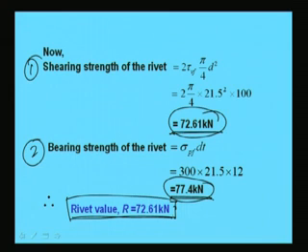Okay. So, in this way we can calculate the rivet value for a particular configuration of the joint. In next class we will discuss more about the strength of the joint using the rivet connections, and then we will go for welding connection and bolting connections, right.